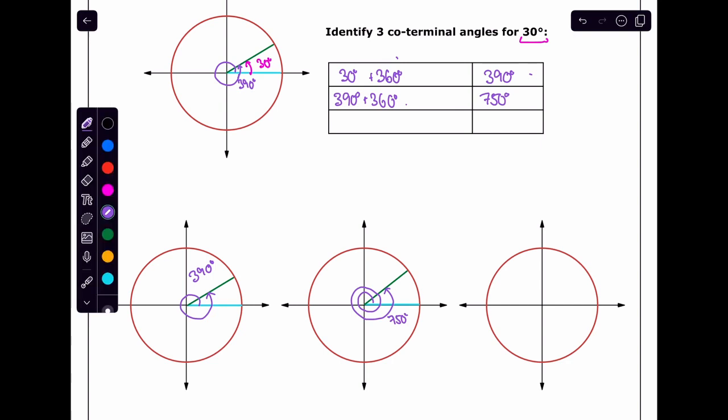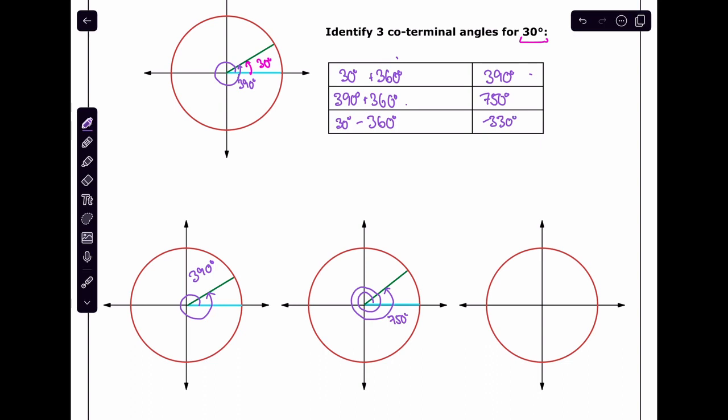Now, we don't just have to go counterclockwise, we can also go clockwise. So in that case, we can take 30 degrees, and we'll actually subtract 360 degrees to give us negative 330 degrees.